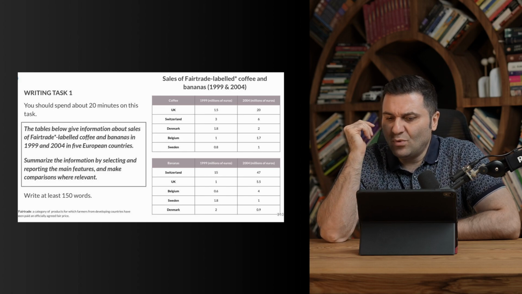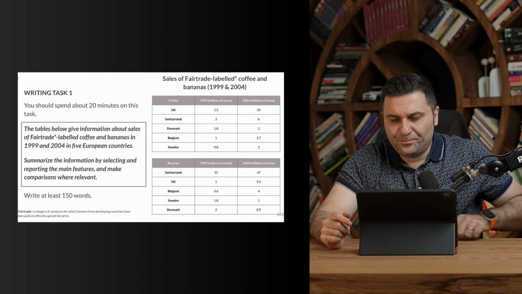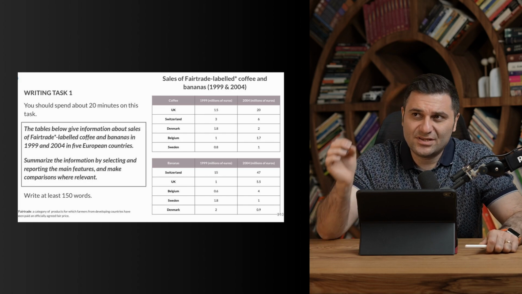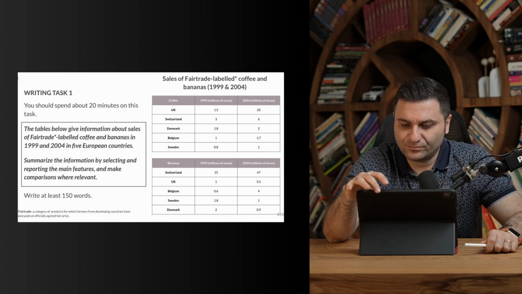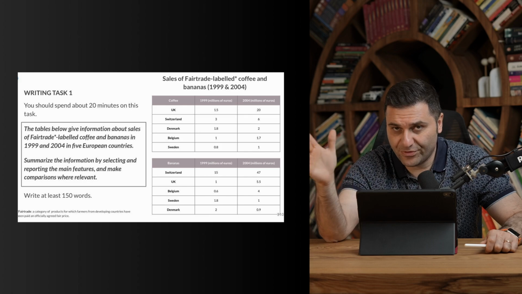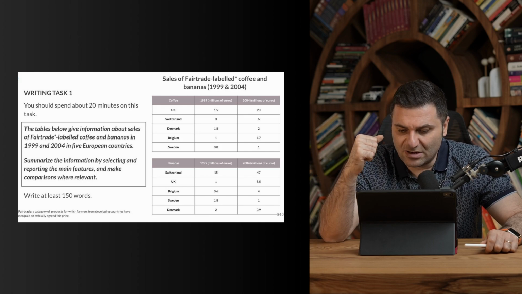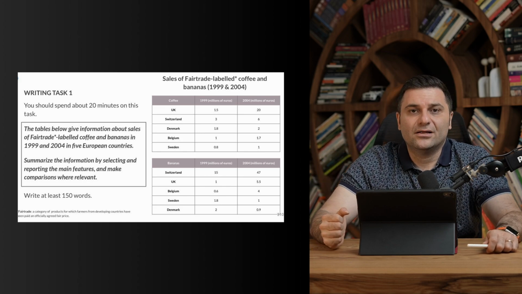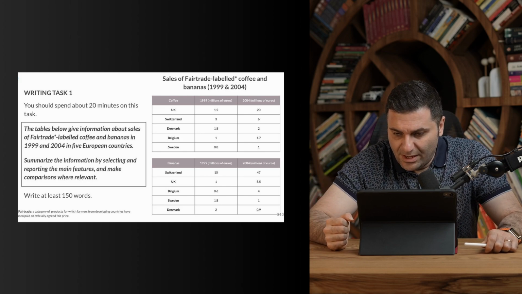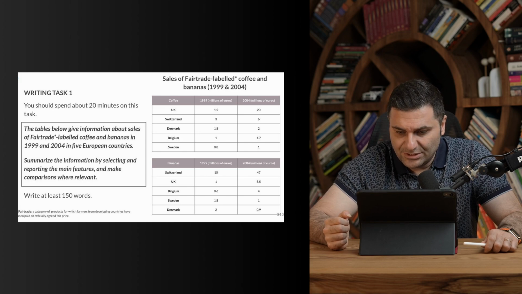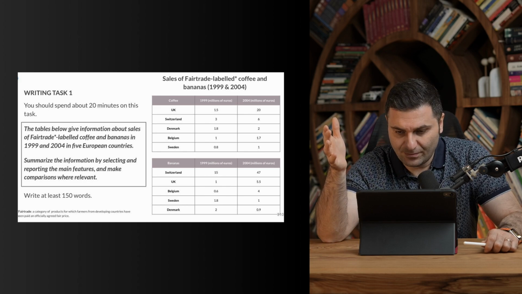So what we can do here for a good analysis of these two tables is that in paragraph 3, we talk about coffee in both time periods. And in paragraph 4, we work on bananas. All right? So this is a good analysis. As you can see, about coffee, the UK increased dramatically.